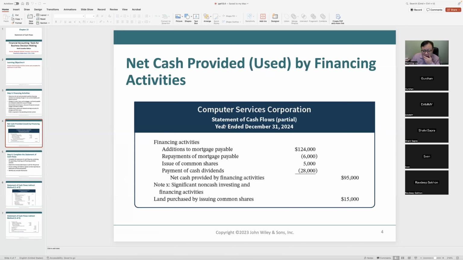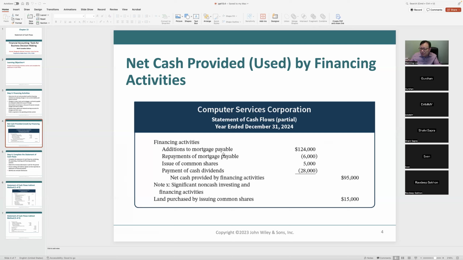So in this example, to start this section, you have a line describing financing activities, and then there are different items. The first one is addition to mortgage payable. Okay, addition to mortgage payable. So that means your payable balance increased, right? That's why it's called addition to mortgage payable.